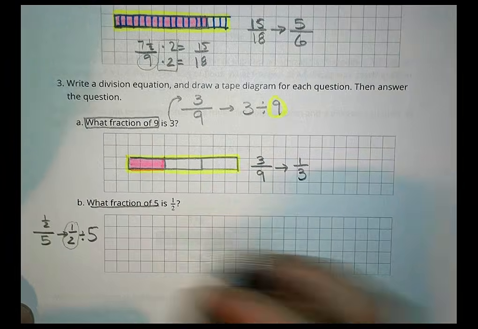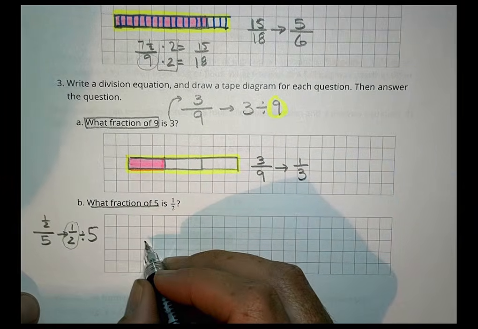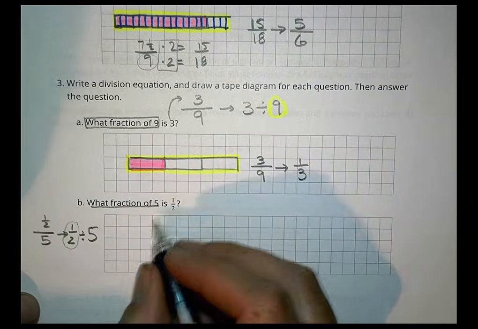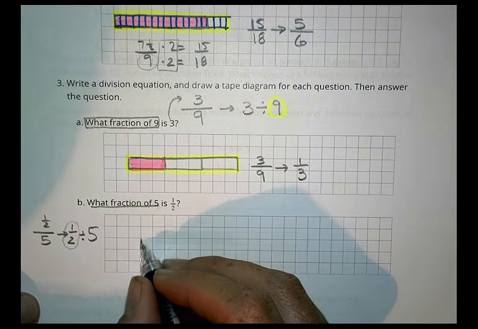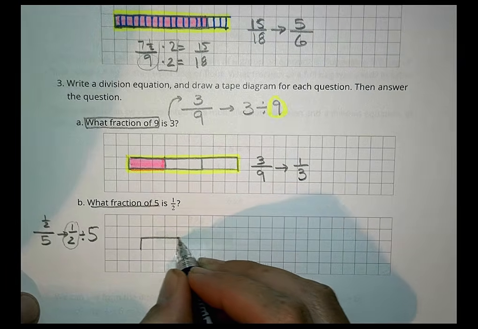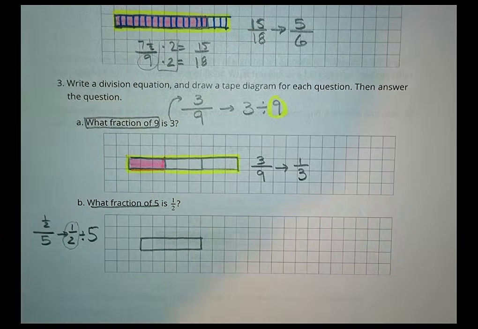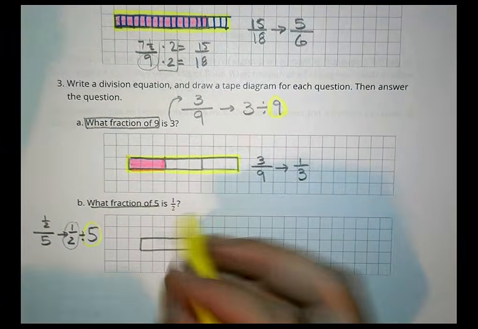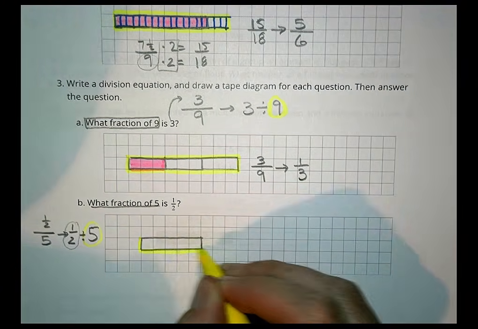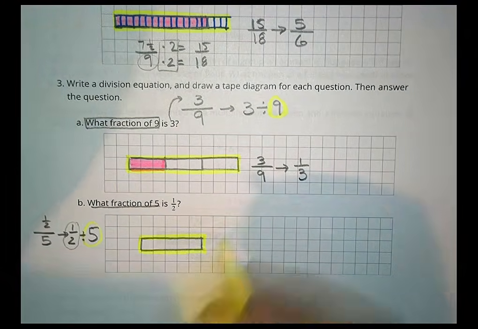Okay. Let's go ahead and do this. I'm going to draw my box of 5, just so I have that going on. So 1, 2, 3, 4, 5. So there's my 5, which is my group, right? I'm looking for a group of 5. But I'm looking for a half.